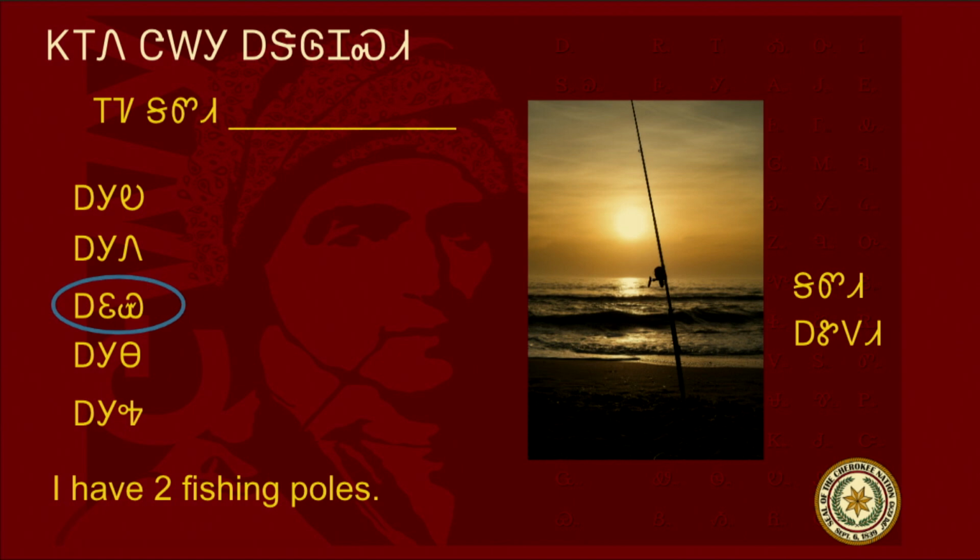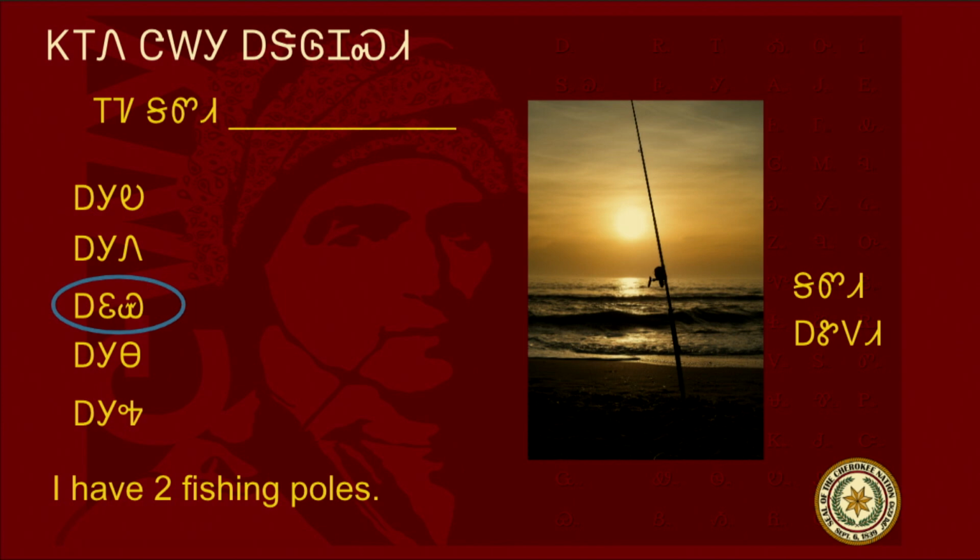So first of all, we need to figure out what order we need to put. I would probably say 2 fishing poles, I have them, okay? So 2 would be tall, and you could say tall and then fishing poles, or you could say tal yiga, 2 of them. Tal yiga, di gatud, the plural of gatud. 1 pole is gatud, more than 1 pole is di gatud.